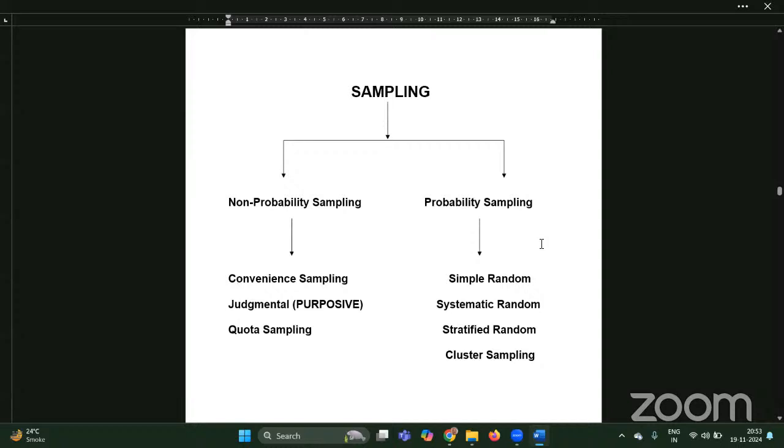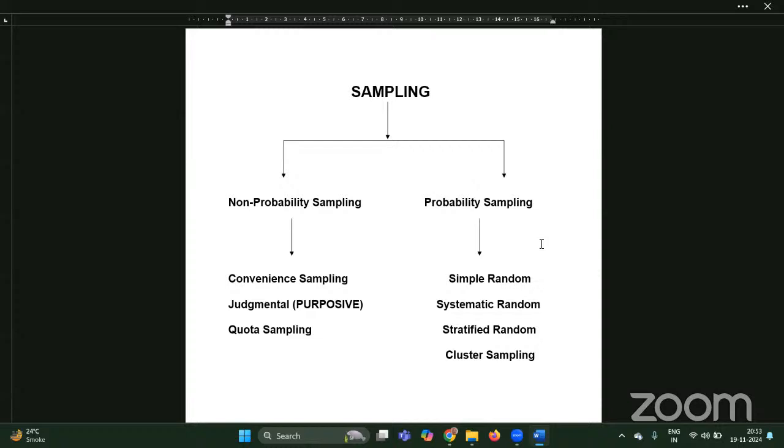Unless you cannot go for simple random sampling, you should go for systematic random sampling. But if you want specific characteristics to be included, then you go for stratified random sampling. And if you want to rapidly measure something in a big population, you go for the cluster sampling technique.